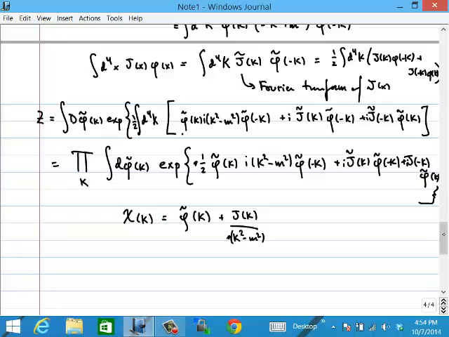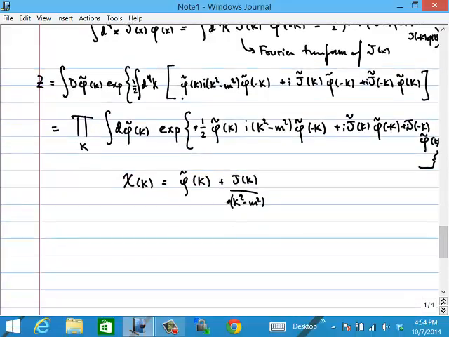And when you do that change of variables, first of all I'm just shifting phi, so that doesn't change the integration measure. So this partition function, this generating function, is the integral over all of the chi's. Here, let me write out the product over momentum modes separately.